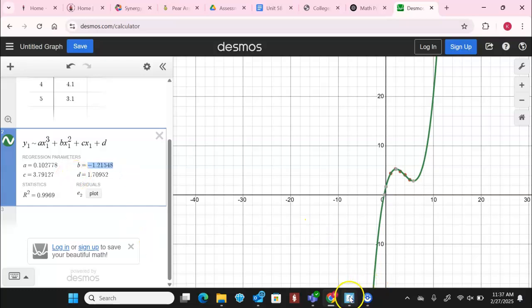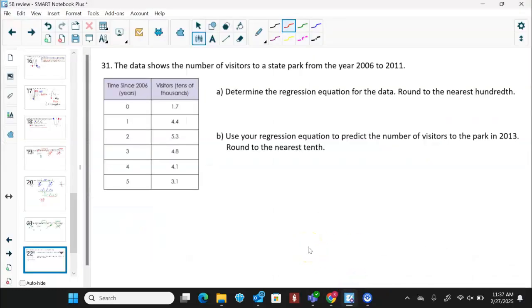And we're going to go back here and use these numbers. It says determine the regression equation, round it to the nearest hundredths, so we're going to round it to 2 places after the decimal. So this is a cubic, just so you know.